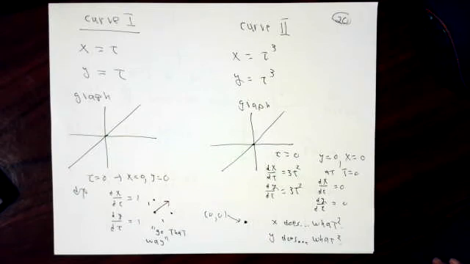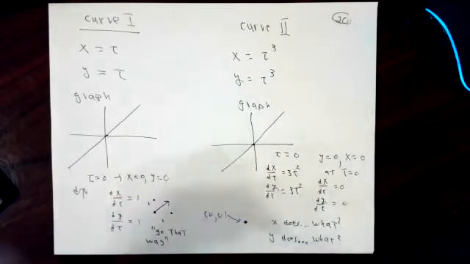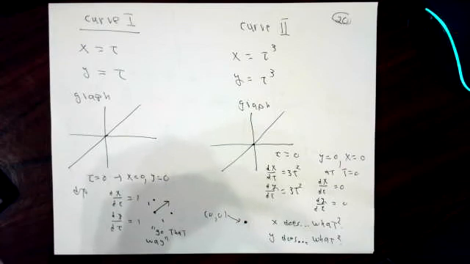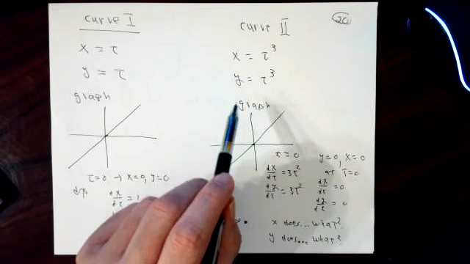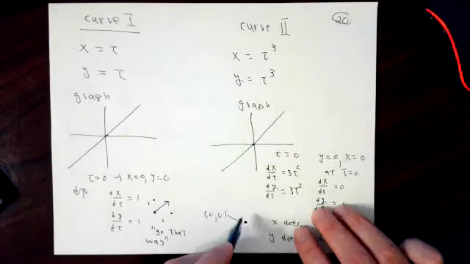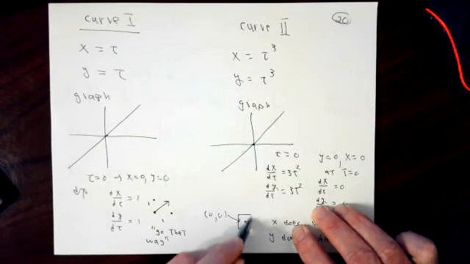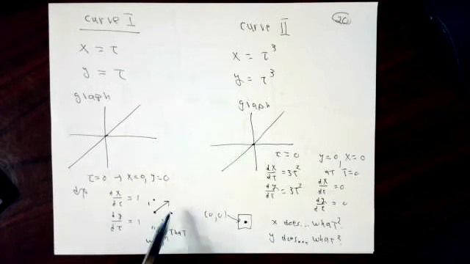But here's the bad part. Derivative of x with respect to t on the second curve is 3 times t squared. The derivative of y with respect to t is also 3 times t squared. So suppose you're sitting at the origin and you say to yourself, I've got some tangent line. How do I get another point on the tangent line?